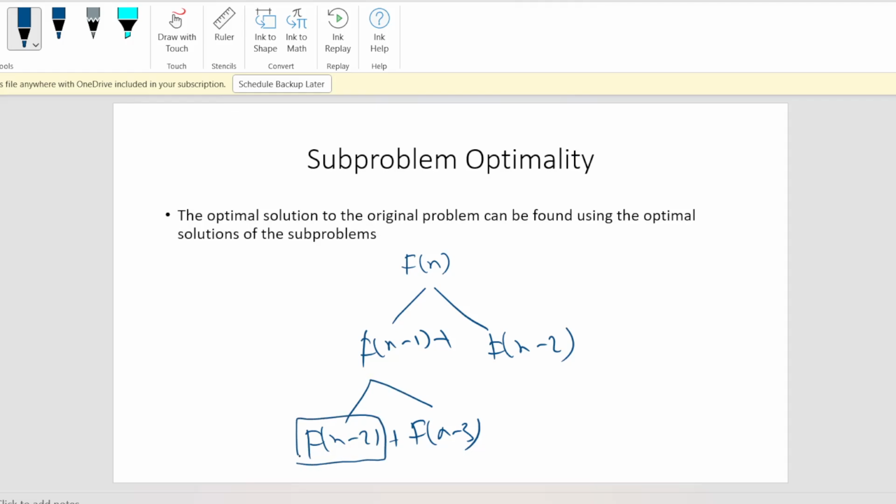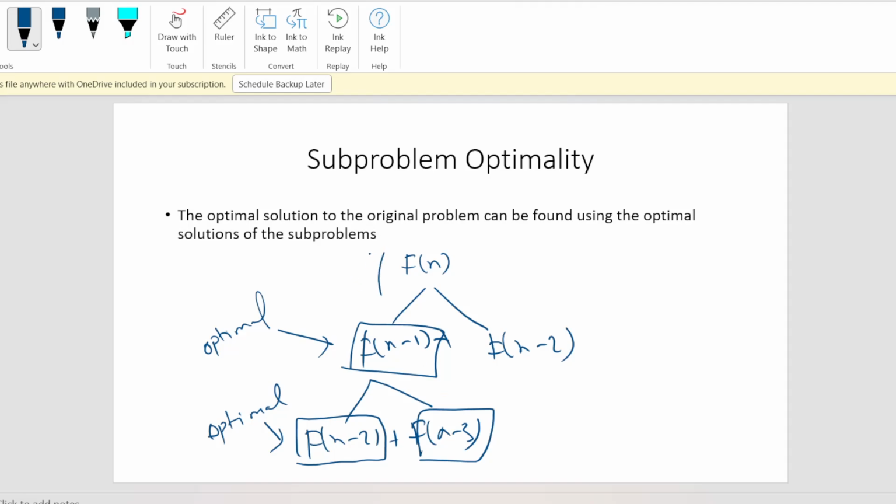Each of these sub-problems must produce an optimal solution. Okay, so every sub-problem must produce an optimal solution, so that when I combine all the optimal solutions, we get a final optimal solution.